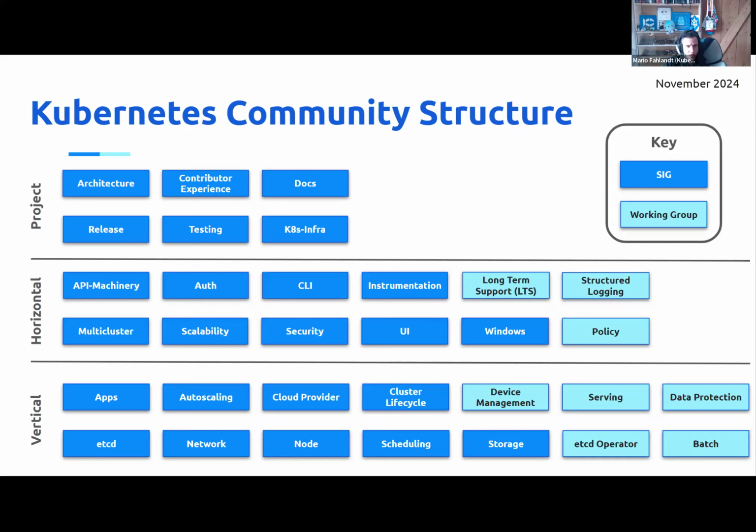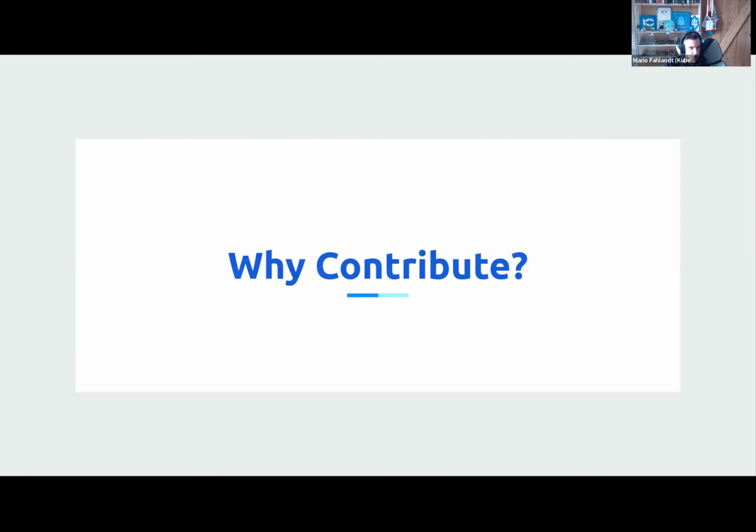In the vertical groups, you can also find a lot of familiar concepts like autoscaling, scheduling, networking, and node. You might want to refer back to this diagram later as you explore the groups you want to contribute to. Feel free to ask questions about these in the Q&A or in chat. But for now, we are going to move along and talk a little bit more about contribution.